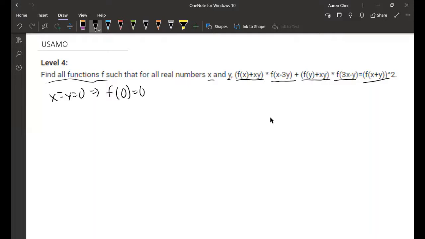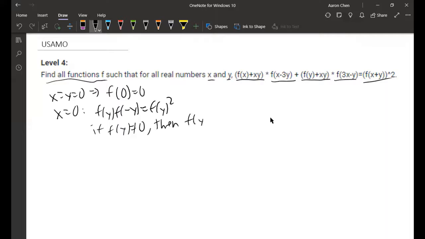And so now we can set x equals 0. And what we get from this is that f of y times f of negative y is equal to f of y squared. And so if f of y is not equal to 0, then we can see that f of y is equal to f of negative y.